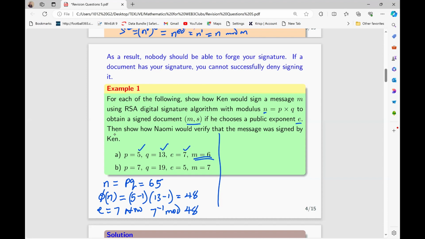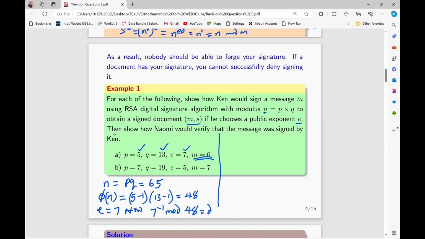And this you can do using the extended Euclid's algorithm, first of all using Euclid's algorithm. So when you do this, what you'll be getting is D. And remember what D will be doing. In terms of signature, D will be used for signing, and E will be used for verifying. And remember how we'll be signing.